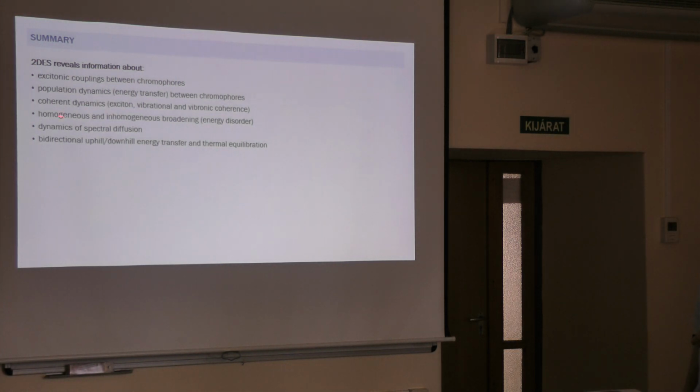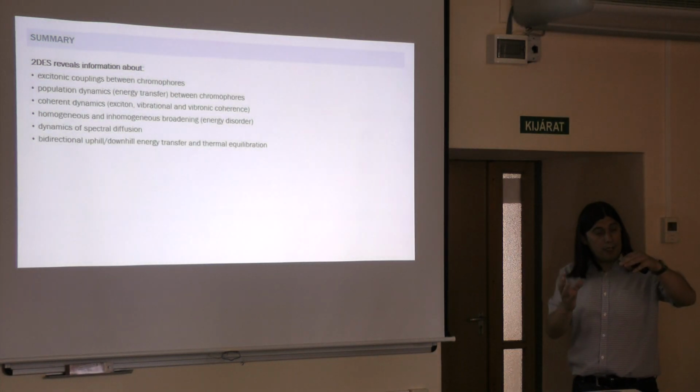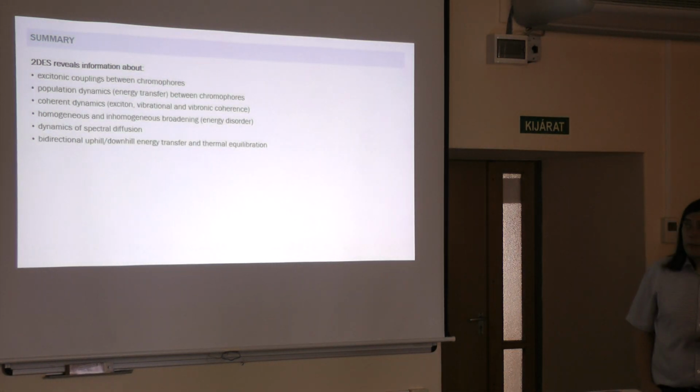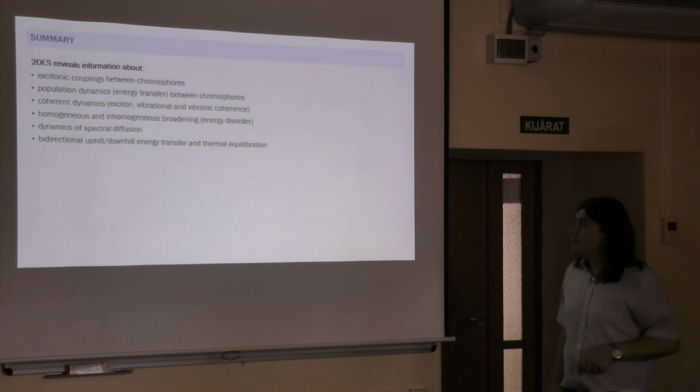We can tell the homogeneous and inhomogeneous broadening from the diagonal and the anti-diagonal width of the 2D spectrum. We can follow the spectral diffusion by measuring the changes in the inhomogeneity over time.